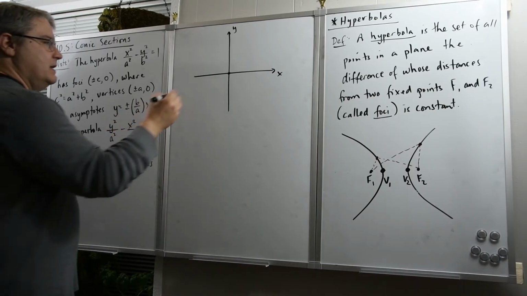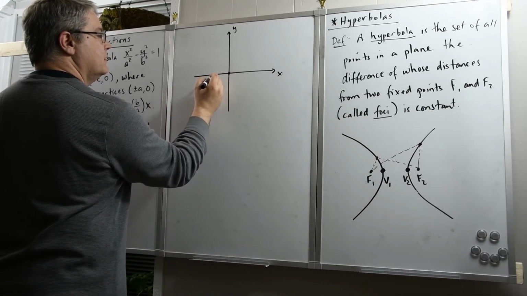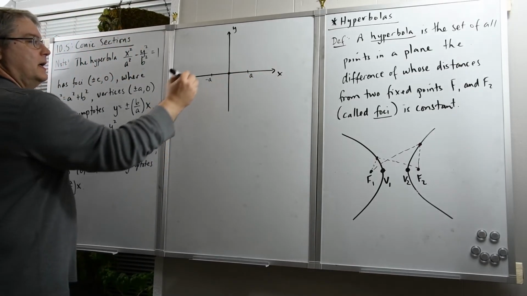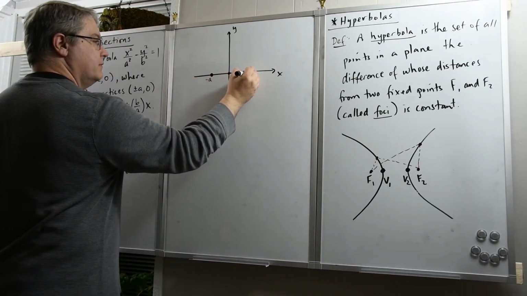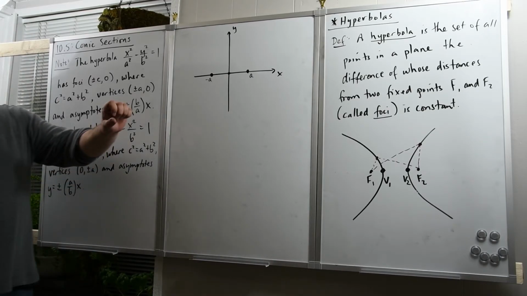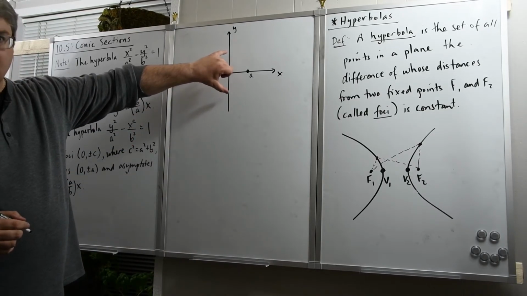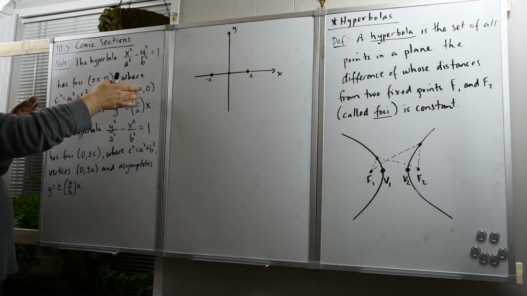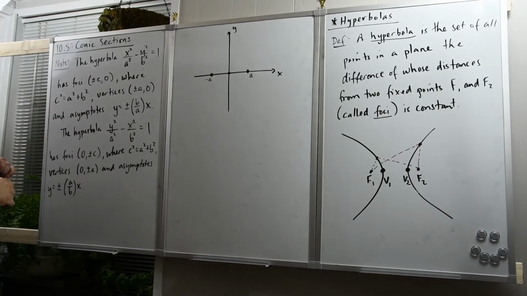We're going to move a units to the left and a units to the right. And those are going to be the locations of our vertices. Now, if this were our equation instead, then those vertices would actually be above and below the center. But here, using this equation, the vertices will be left and right a units from the center.